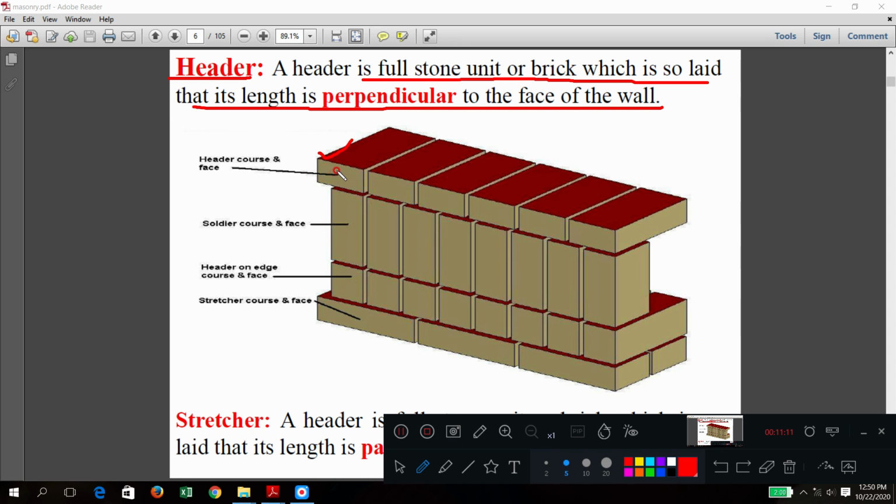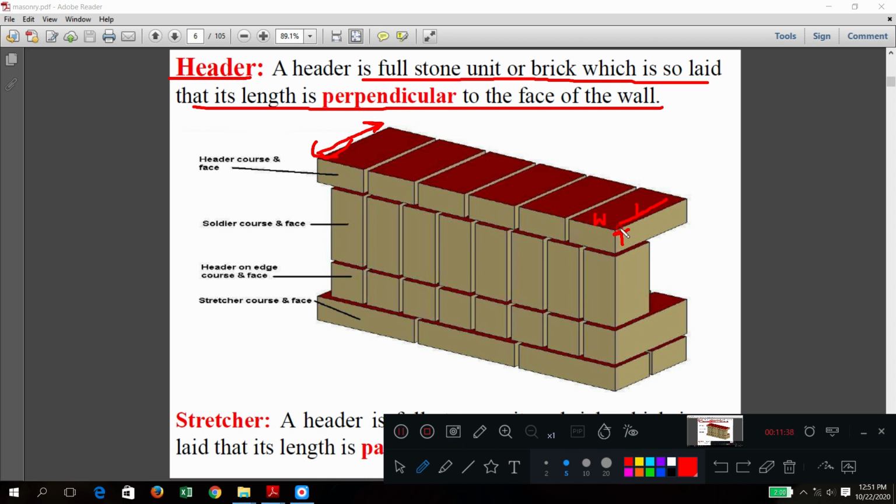So for this brick or stone, in this diagram it is length, it is width, it is thickness, the L, W, T of one unit. So here the length is kept perpendicular to the face of the wall.